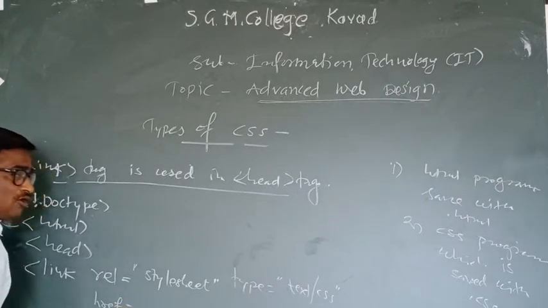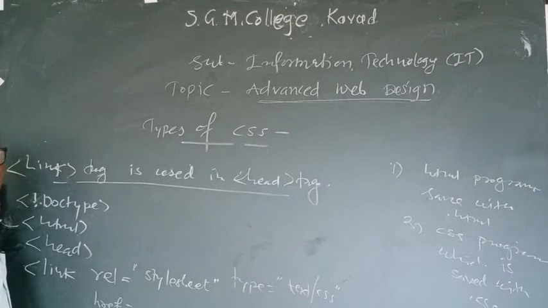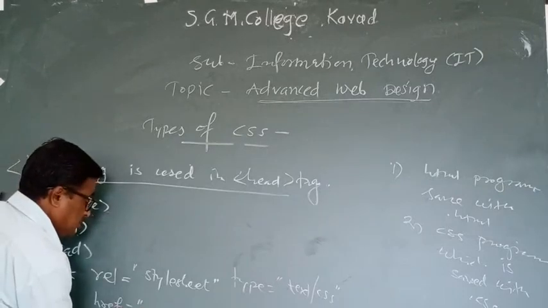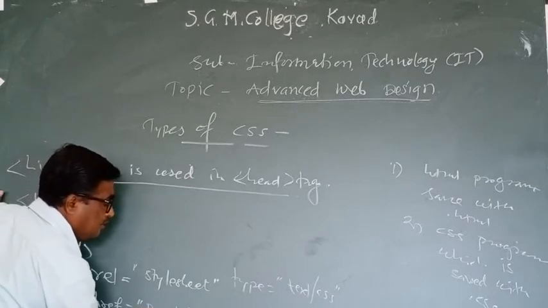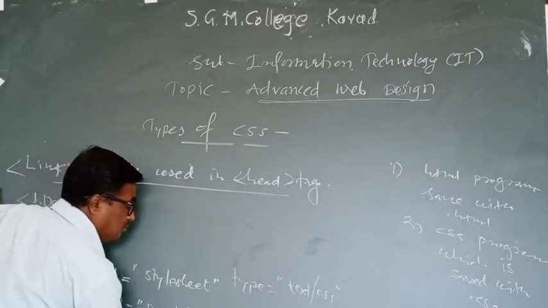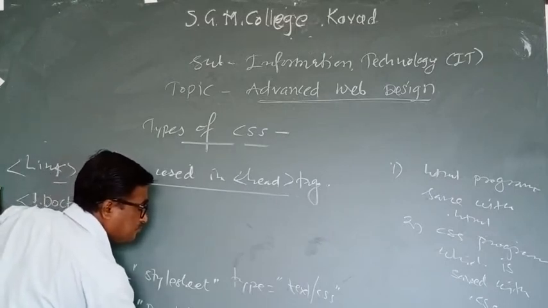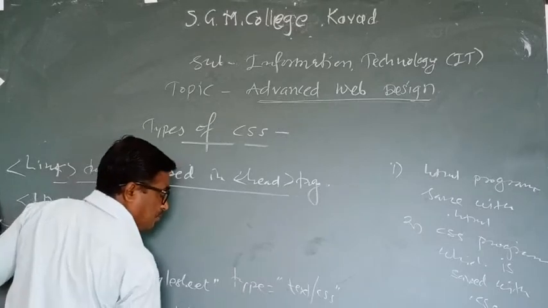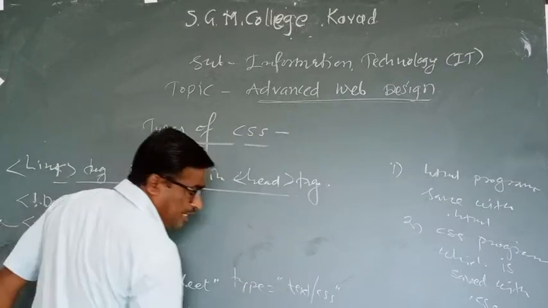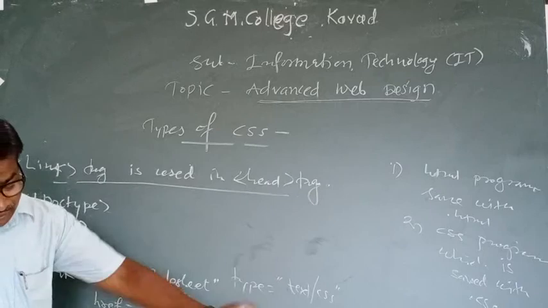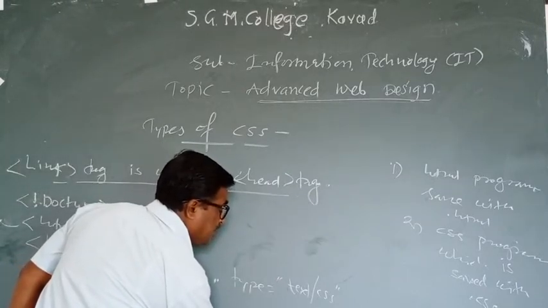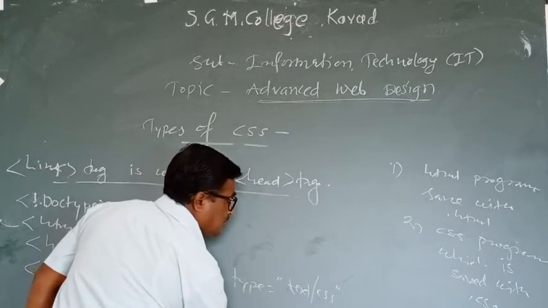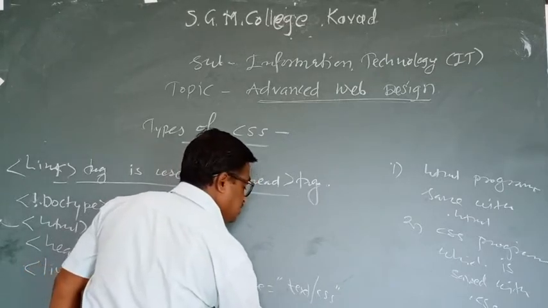It is the path of the CSS file. For example, it is on the desktop, then my document. In my document, for example, any file, say the name is style, and the extension of that file is CSS, because the file is a CSS style.